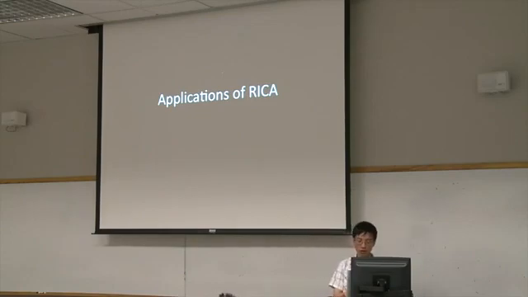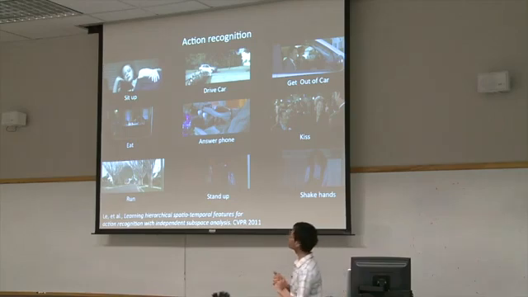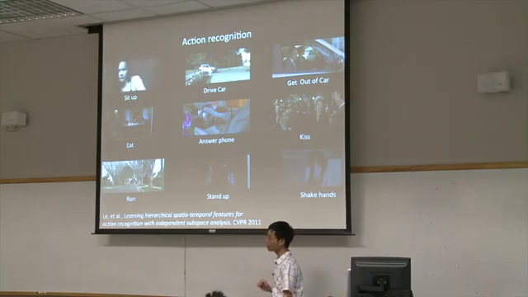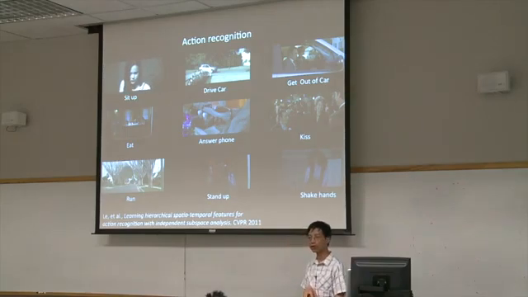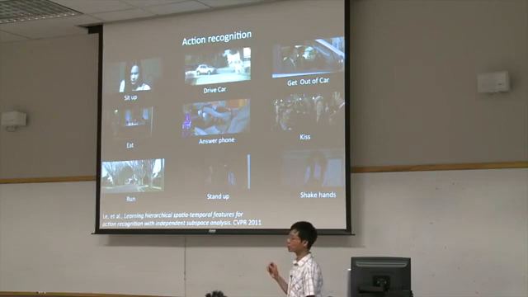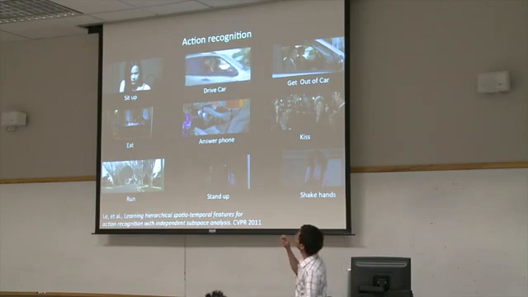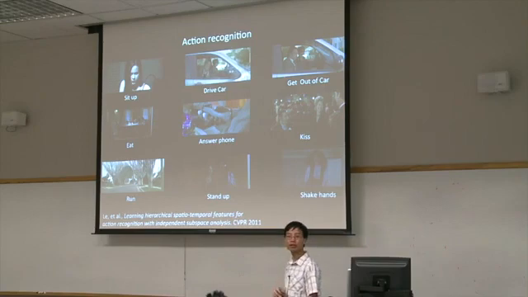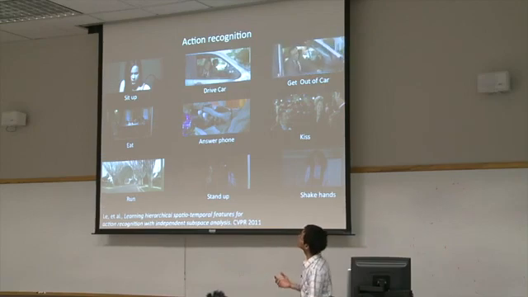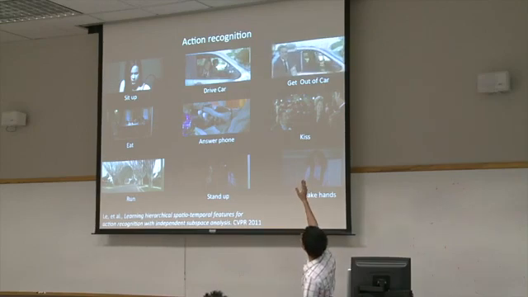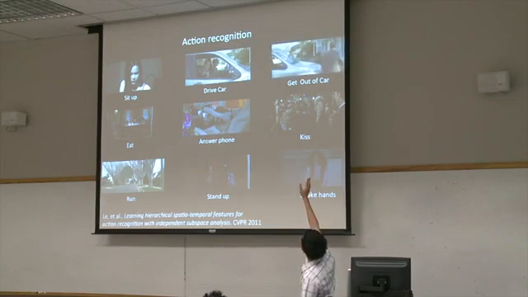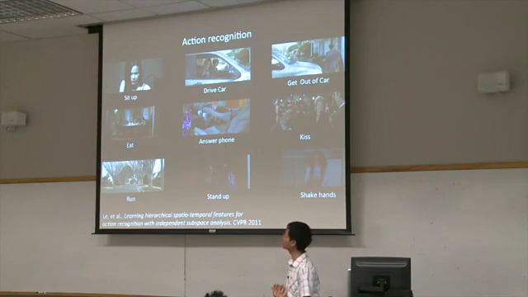In particular, in our CVPR 2011 paper, we show that the feature learning method can learn features from videos, and we want to apply this to action recognition in videos. For example, we want to detect whether there's an action of getting out of the car, and we want to learn features for that, for eating, and so on.